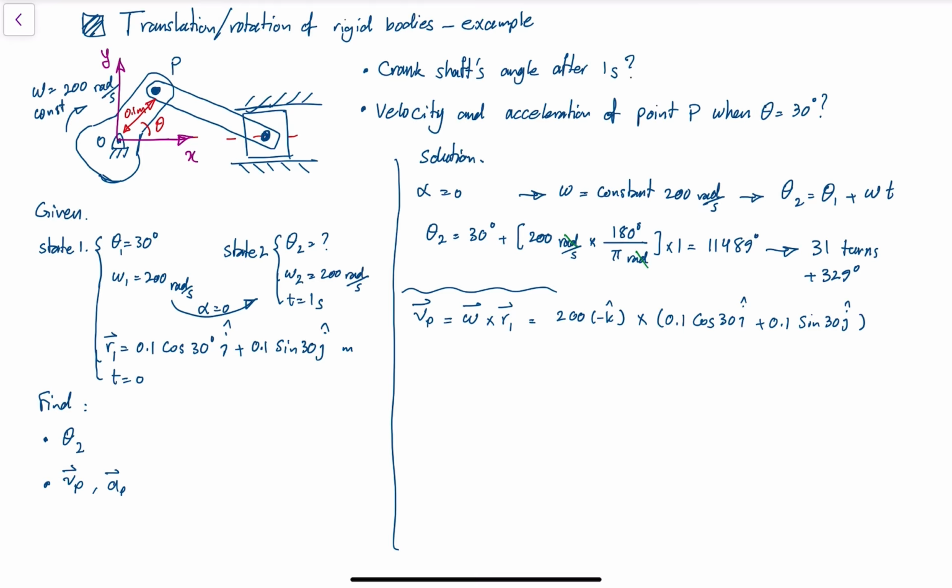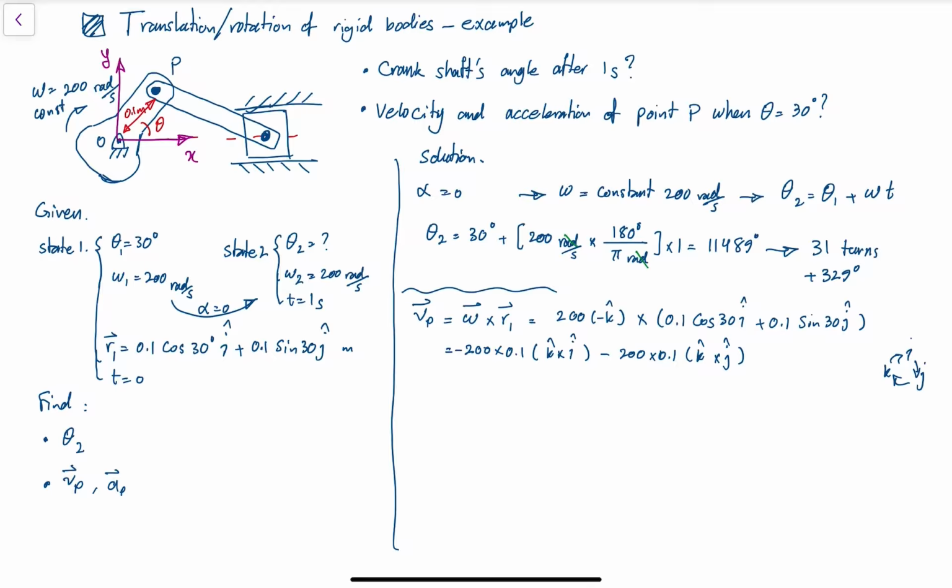I can distribute the cross product. I have minus 200 times 0.1 cosine 30 k cross i, minus 200 times 0.1 sine 30 k cross j. And I never remember. I always do this.